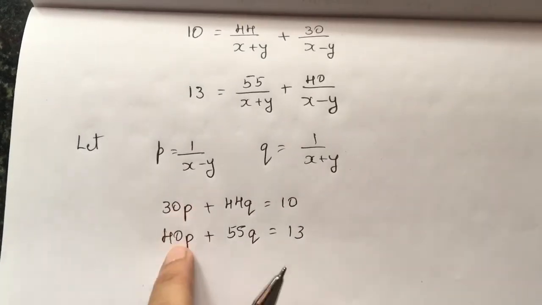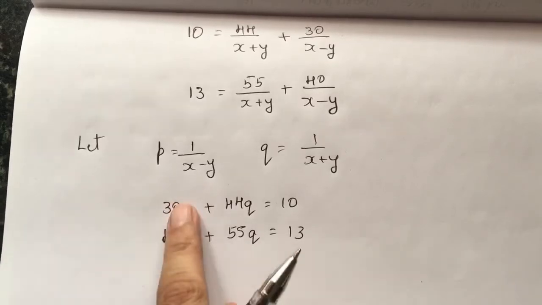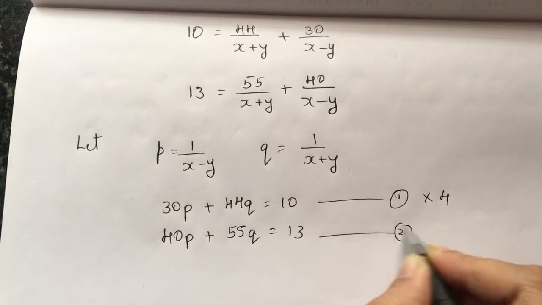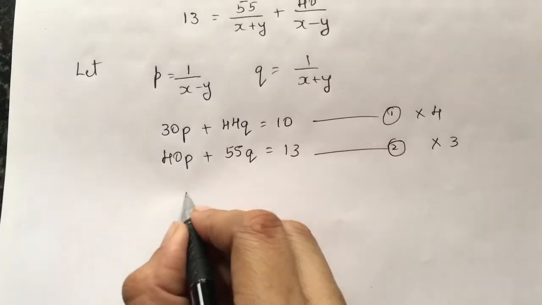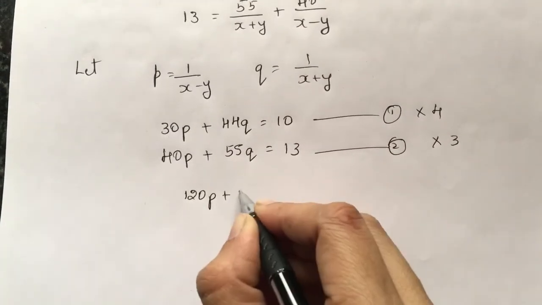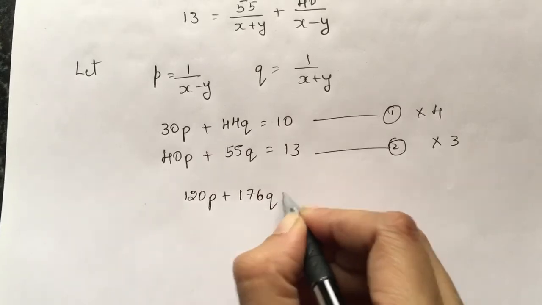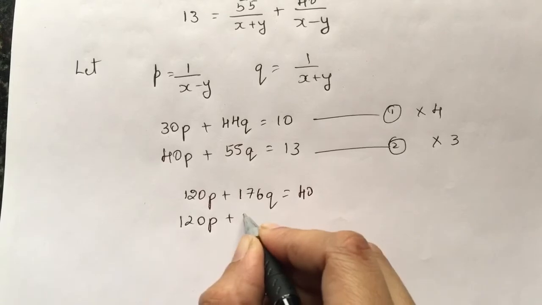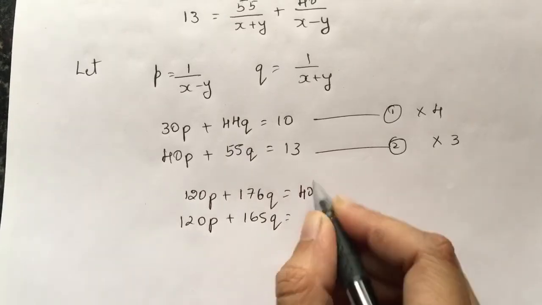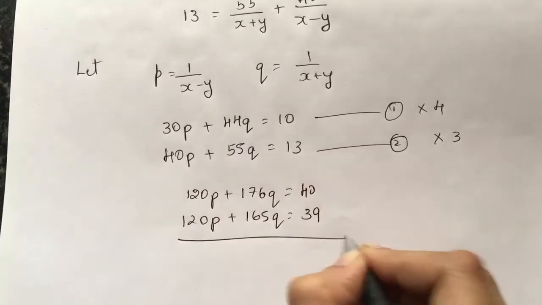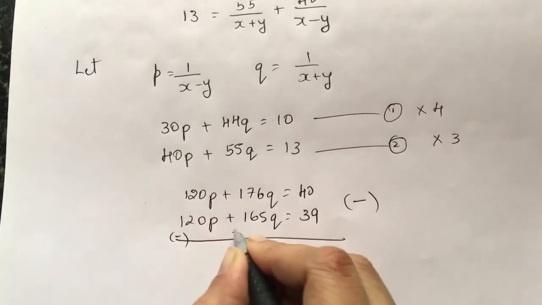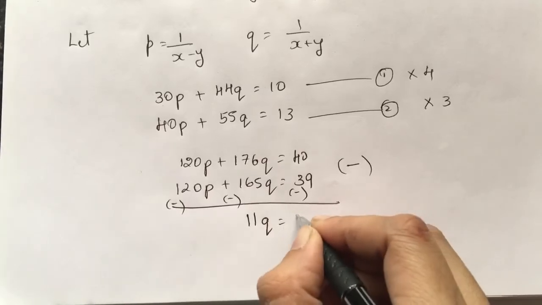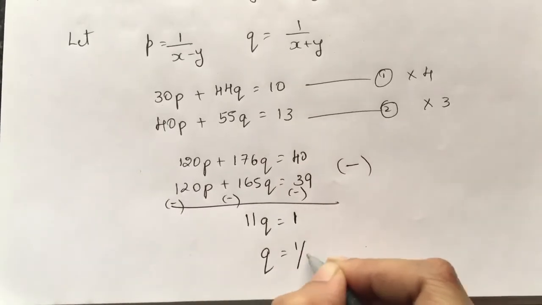You can solve by any method. I'll just multiply this equation with 4 and this equation with 3. That's quite easy to solve. Just subtract the two equations. We get 11q equal to 1, and q equal to 1 by 11.